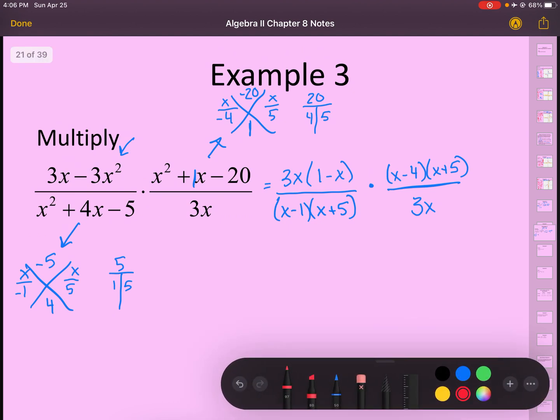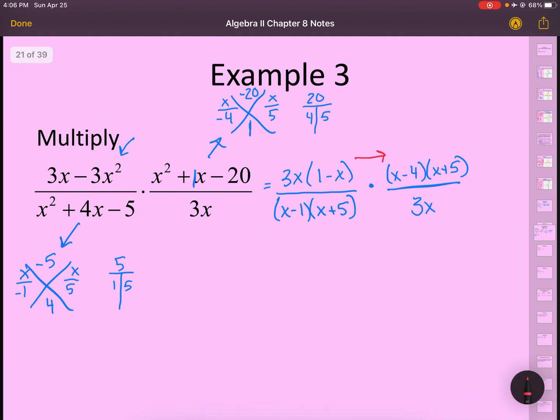All right. So now, if we multiply straight across in the numerator and denominator, we're just going to put a lot of stuff together. So this is 3x, 1 minus x, x minus 4, and x plus 5. And in the bottom, we got 3x again, x minus 1, and x plus 5.